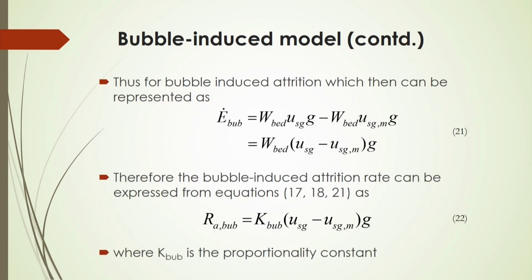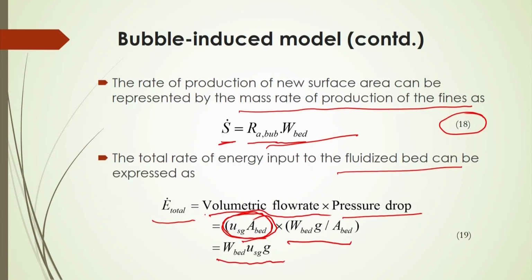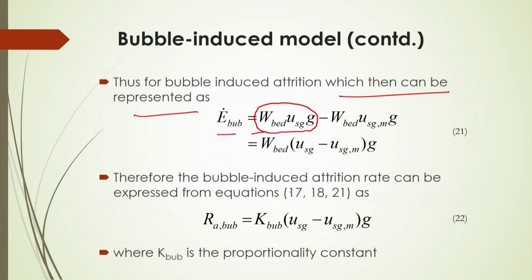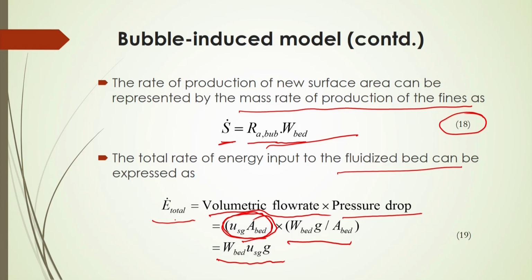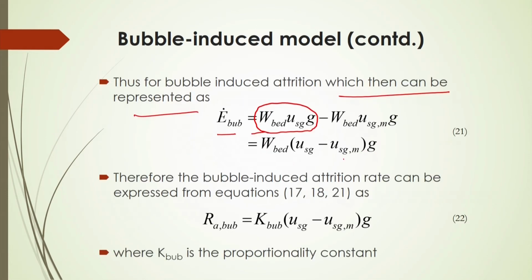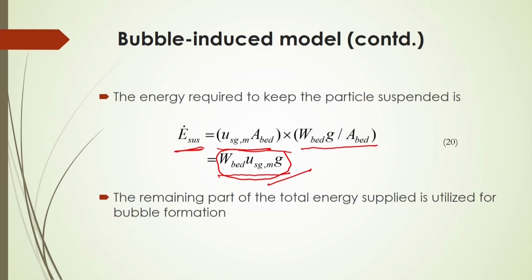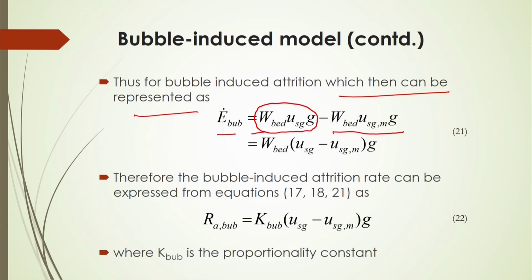Thus, for bubble induced attrition, E_bub is equal to the total energy supplied, W_bed U_HG g, minus the energy supplied just to get the bed in fluidized condition, or to get the suspension.